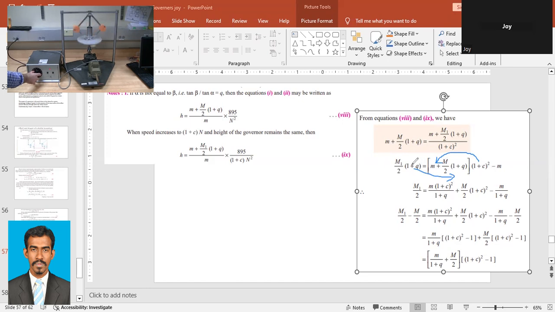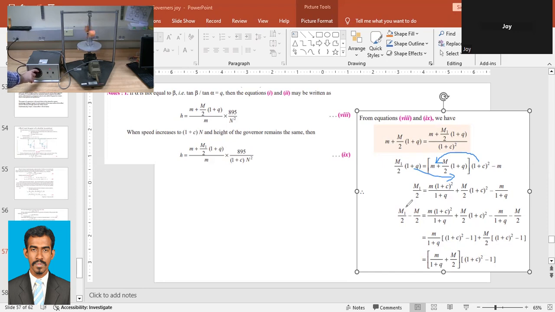There's a 1 plus q, and I'm bringing down this 1 plus q, so that 1 plus q and this 1 plus q will cancel out, right? So there's no 1 plus q. Minus m, I'm bringing down this 1 plus q, so minus m upon 1 plus q. Now I am subtracting m by 2 from both the sides, okay?